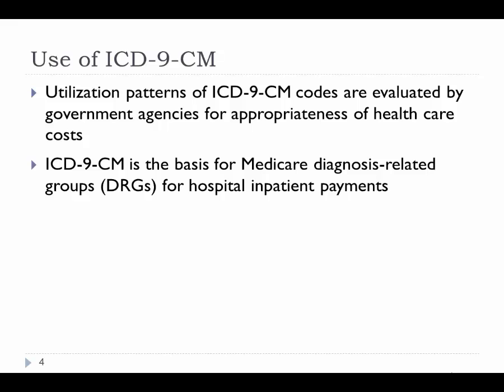The ICD-9 CM is used by government agencies. The Centers for Medicare and Medicaid Services, or CMS, uses ICD-9 CM codes as the centerpiece of the Diagnosis-Related Groups, or DRG system, for the Hospital Inpatient Prospective Payment System.